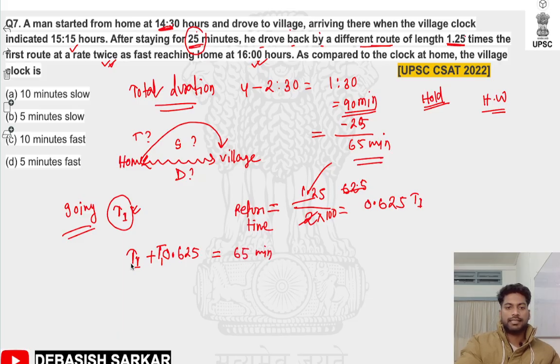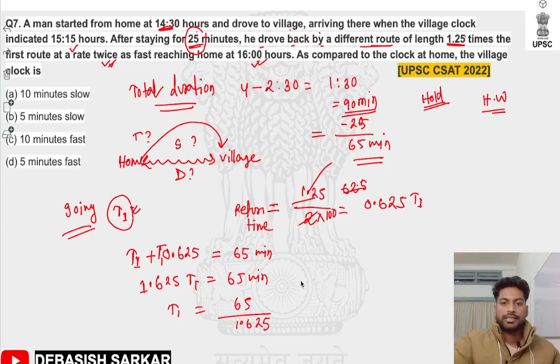So I can say 1.625 t1 equals 65, so t1 equals 65 by 1.625.